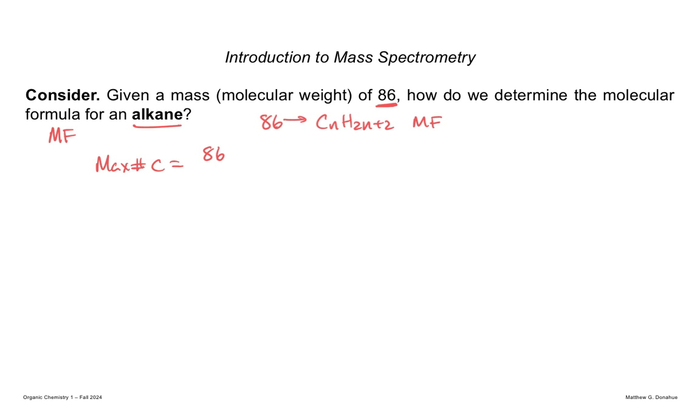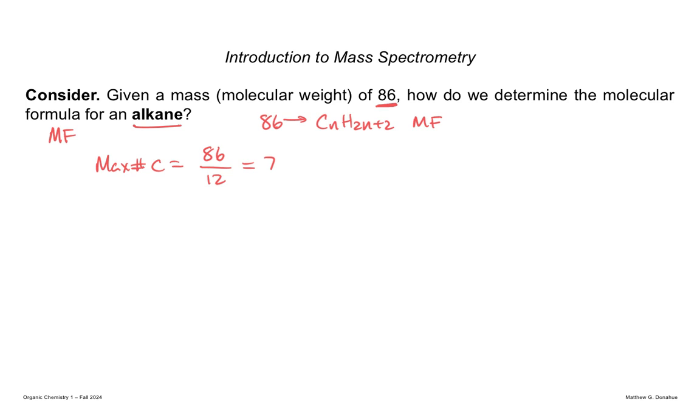We know that 86 has all the C and H's, so let's divide by 12, the atomic mass of carbon. That gets us an approximation of how many carbons there are, the n number. When you do that, you'll find that you get about 7. We're only going to deal with integers here, so that comes out to 7.